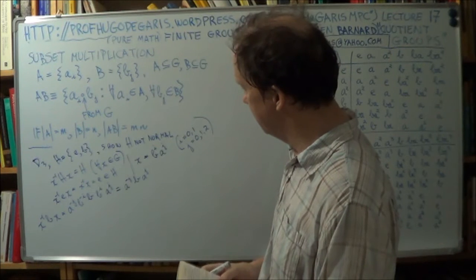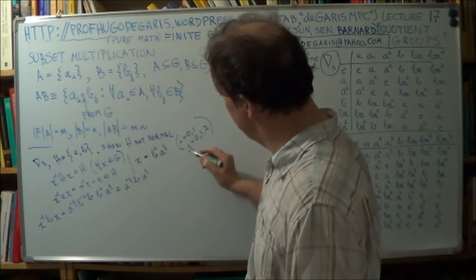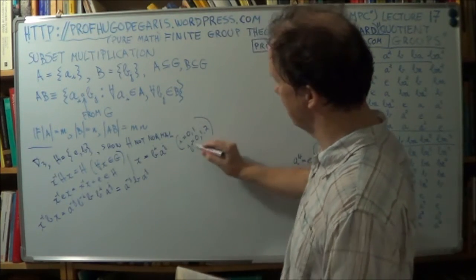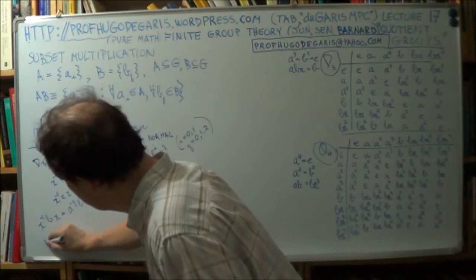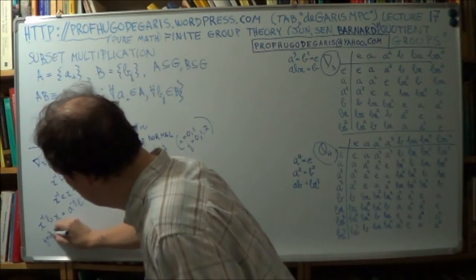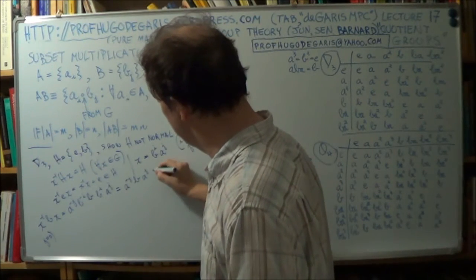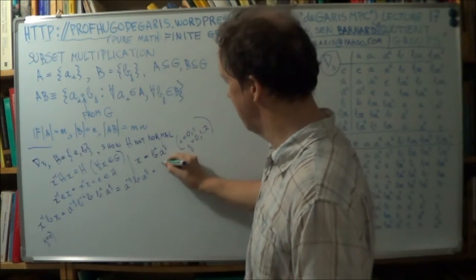Now we have three possible cases, right? J can be 0, 1, or 2. So let's do the 3 cases systematically. If J is 0, let's just call this S, right?